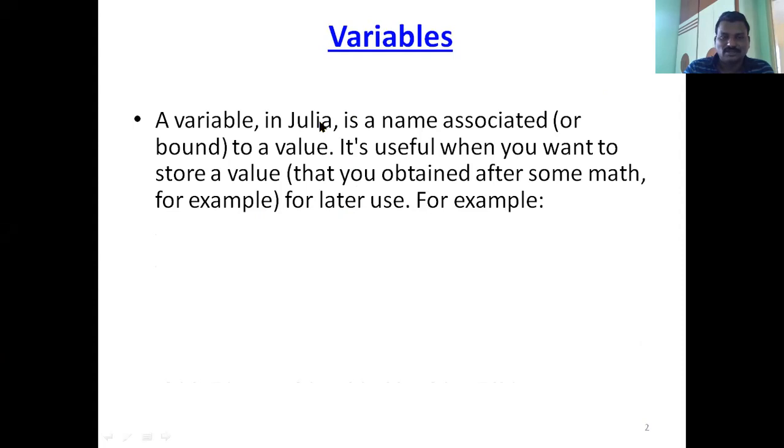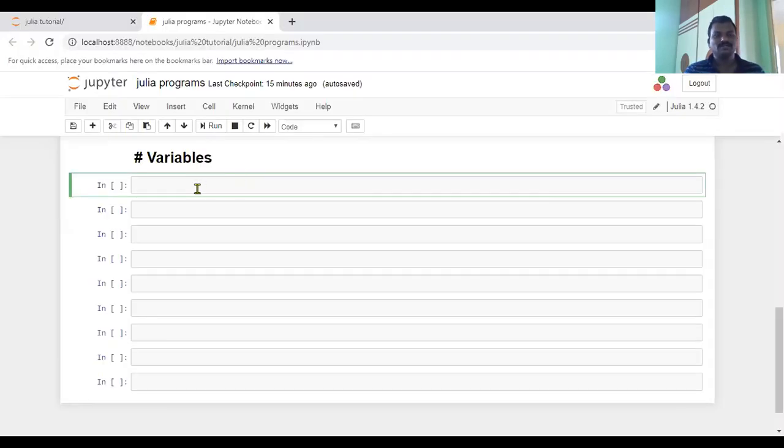For example, in the Jupyter environment, how can you define a variable? You may define a variable, for example employee. In the employee table, emp number is a variable.